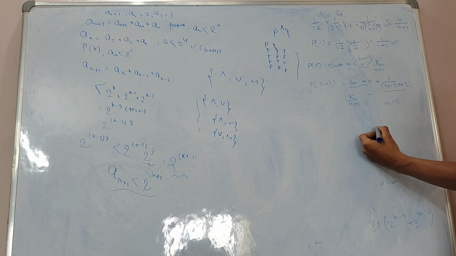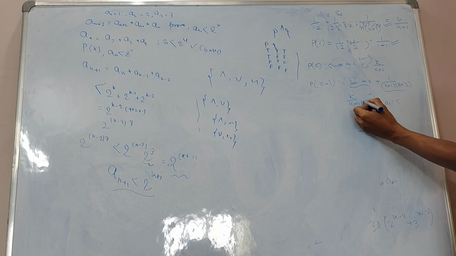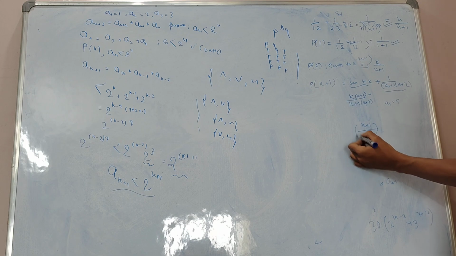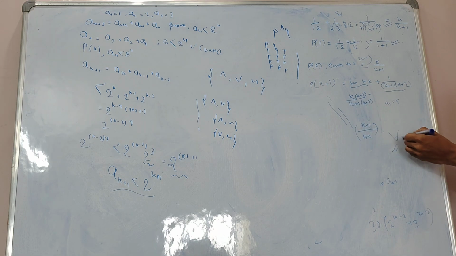So this will ultimately give me, when I solve this, k plus 1 by k plus 2. Hence, this is proved, right? For all n belonging to natural numbers. So this was all for this video. Now we will discuss the next topic in the next video.